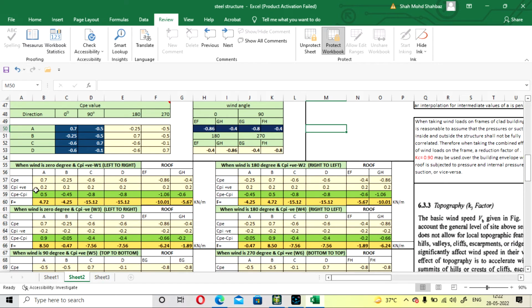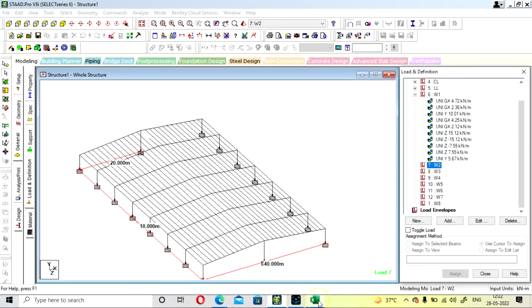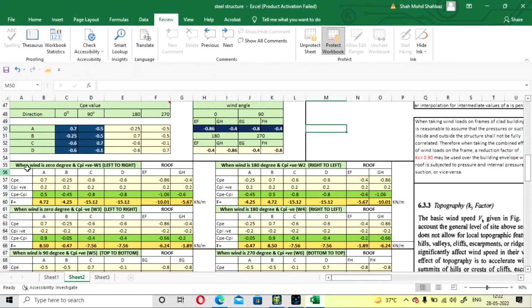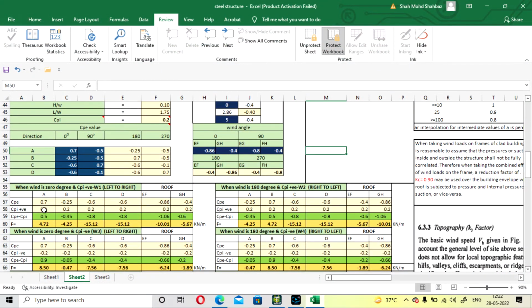Or you can just insert your maximum opening if you want. But the correct way, where the percent of opening on the side is given, is to calculate according to that. Assume that for A side it is 0.2 and for B side it is 0.1. So you can change the value here also if you want to.